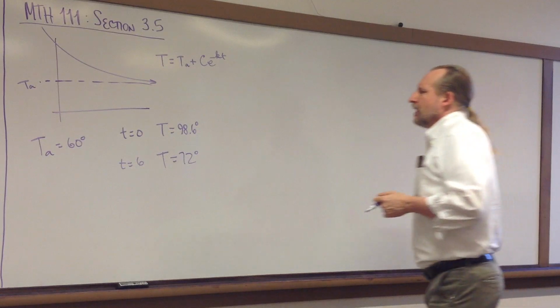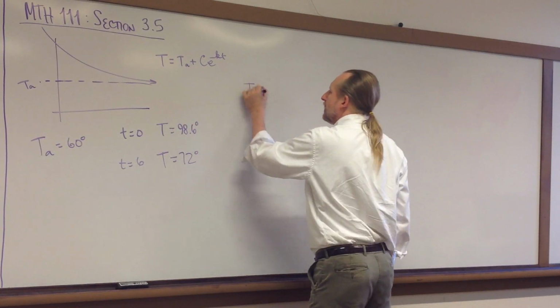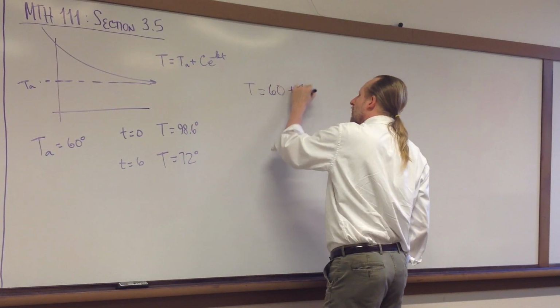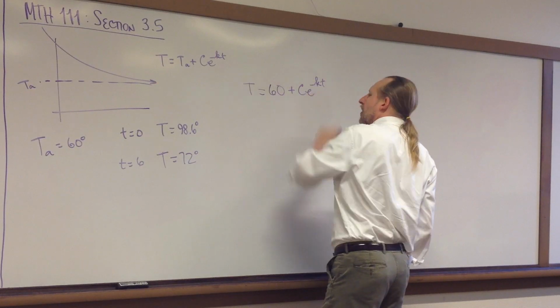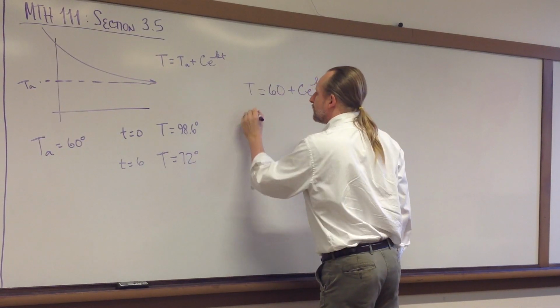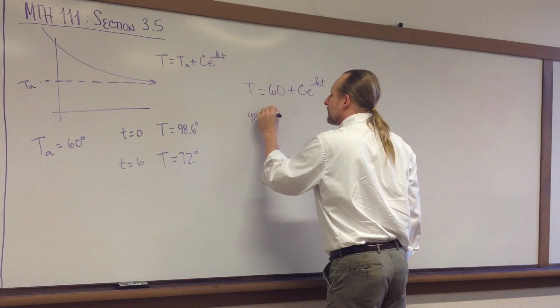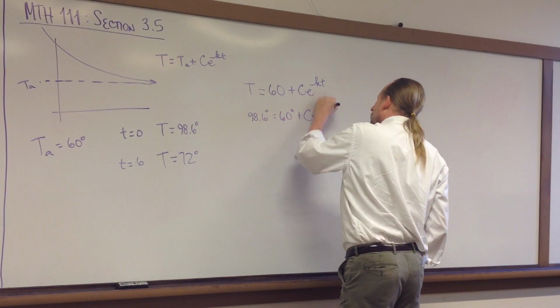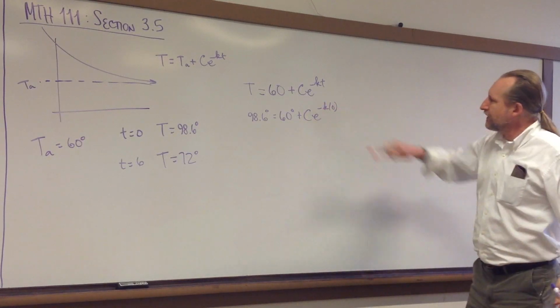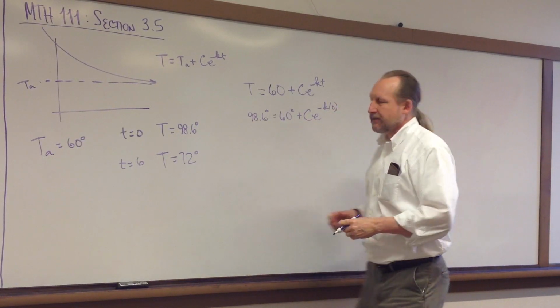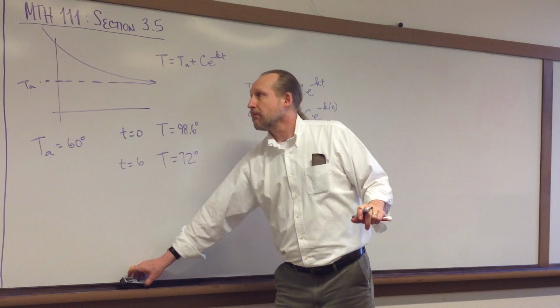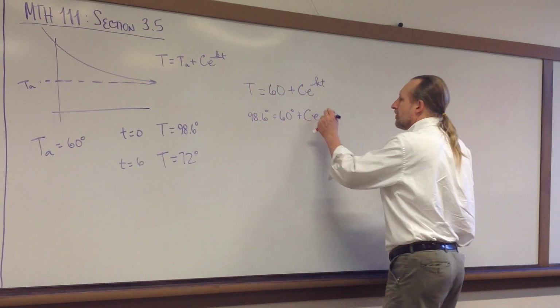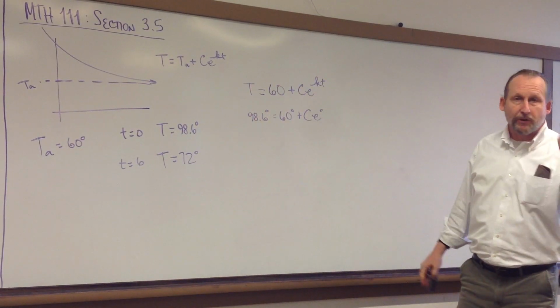In any event, we know T sub A is 60. And we know at t equals 0, the temperature here is going to be 98.6. So when you put that 0 in there, 0 times negative k is still going to be 0. e to the 0 power is 1.